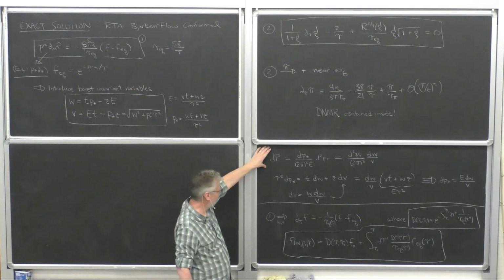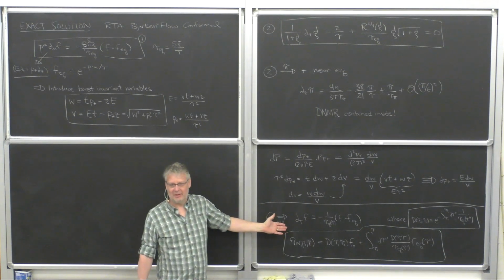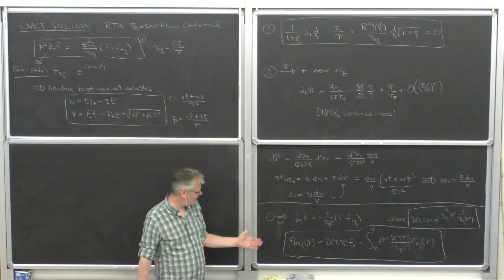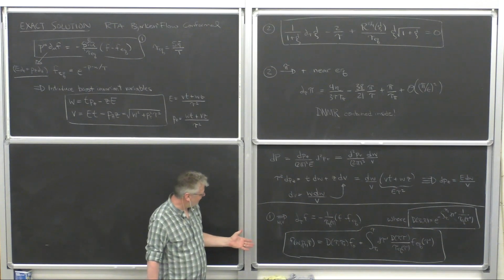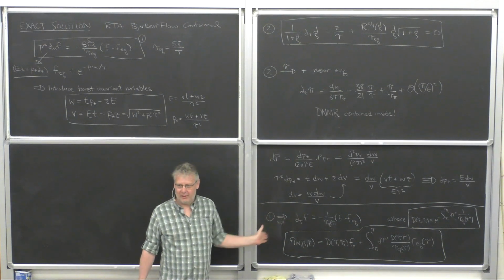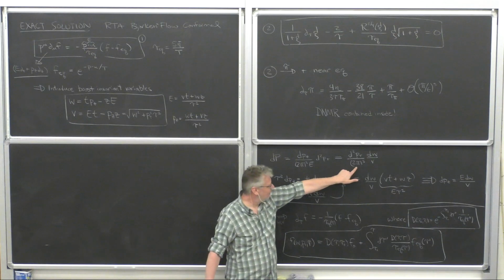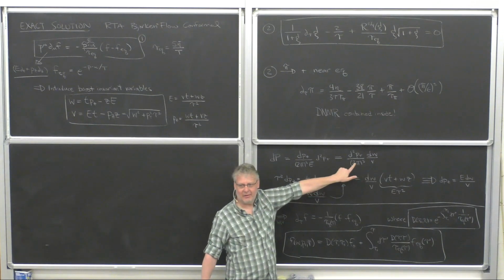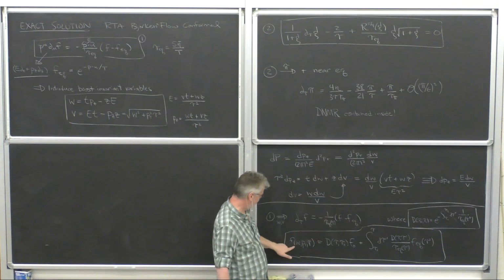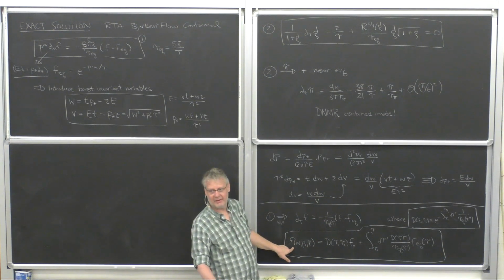So what I'm going to do is take a moment of this equation. On the left and the right, I'm going to multiply by p⁰ squared, the energy squared, and then integrate over all momentum using this invariant phase space measure. Then on the left-hand side, by construction, that will just be the time-dependent energy density.